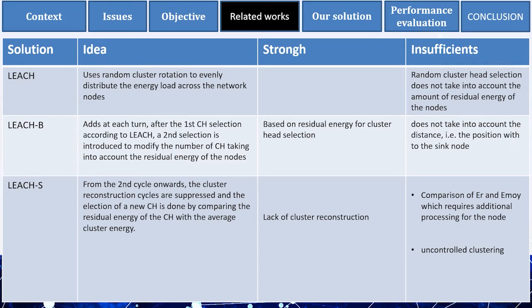Some authors have proposed LEACH-P, whose idea is to add at each turn, after the first CH selection according to LEACH, a second selection introduced to modify the number of CH taking into account the residual energy of the node. The solution of LEACH-B is based on residual energy for cluster head selection.